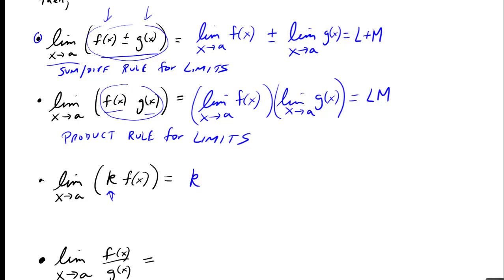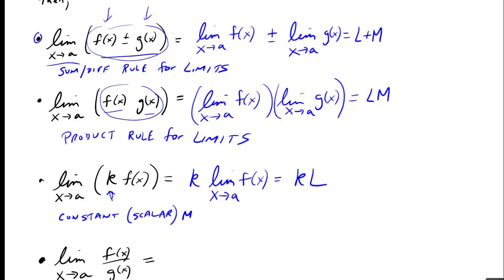Yes, we can do k times the limit as x approaches a of f of x, or in other words, that would come out to k L. So that's the constant, or sometimes called scalar, multiple rule for limits.